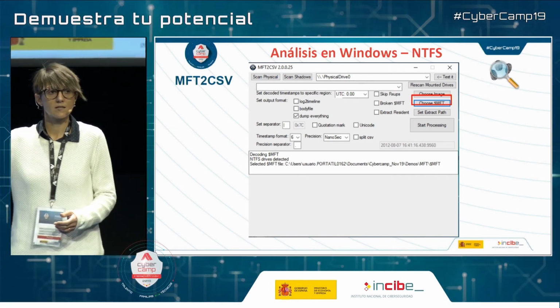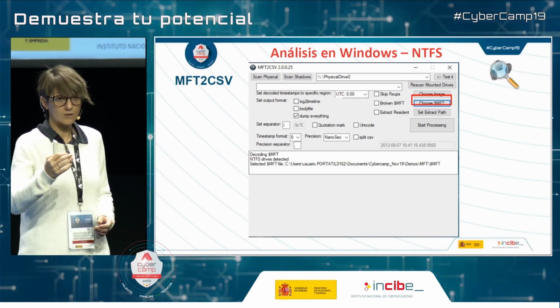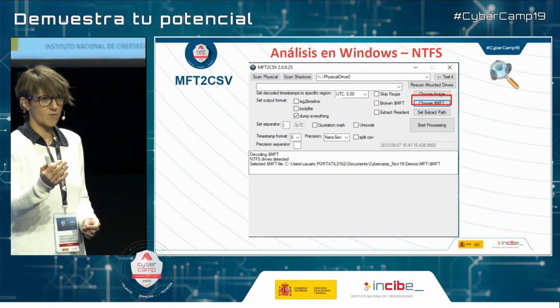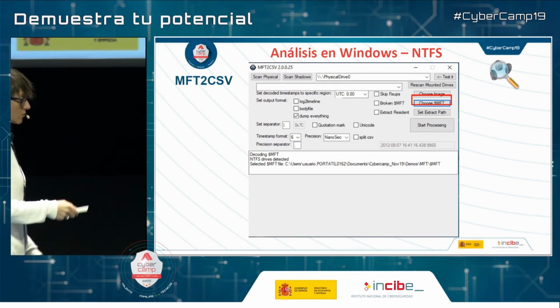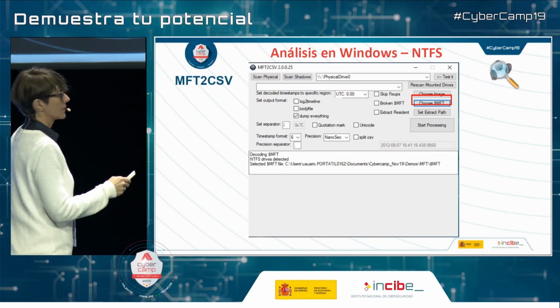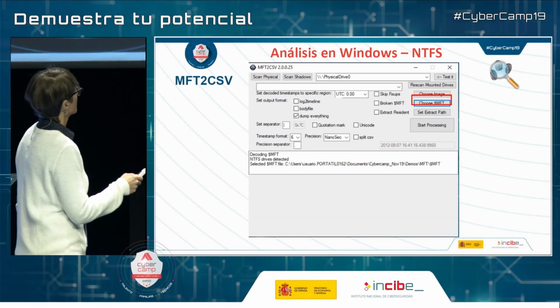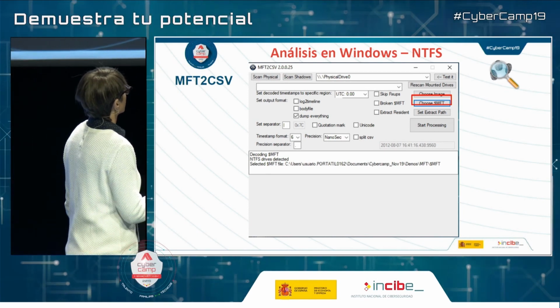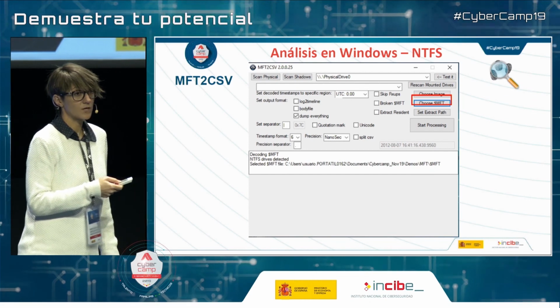So then we have a number of lines and a number of columns, and each line represents a file or a directory from that MFT. Each column has a property. We would select the MFT we want to analyze, the file that we were talking about, and we press start.